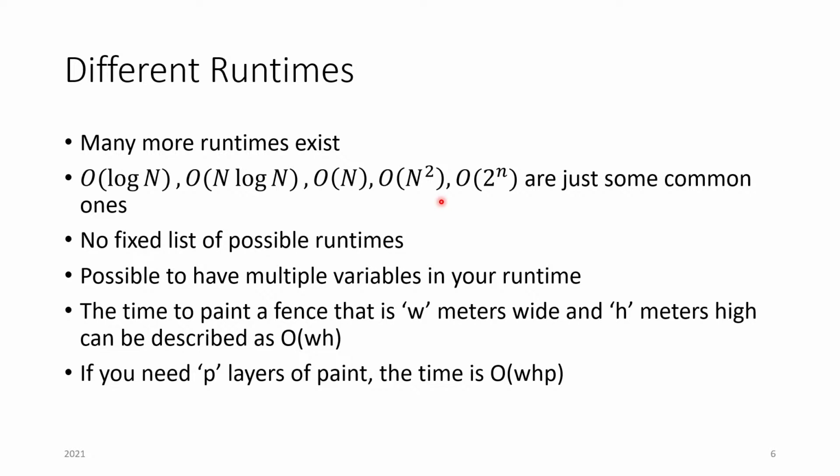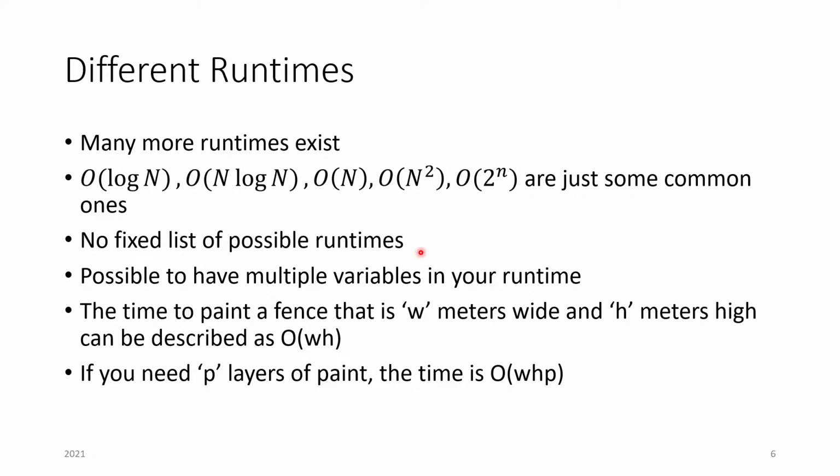Now, the mistake a lot of people make is that they think, because the notation is always with respect to n, that all notations need to be with respect to n when it comes to space and time complexity. That's wrong. It's possible to have multiple variables in your runtime, because those variables behave differently from one another.